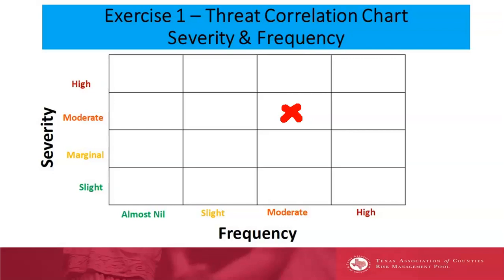This exercise, you could copy that page and have several copies and write it down for several threats and have it on separate pages so maybe you could work on prevention techniques and control techniques separately for each threat. So that's what we would call the threat correlation chart based on severity and frequency.